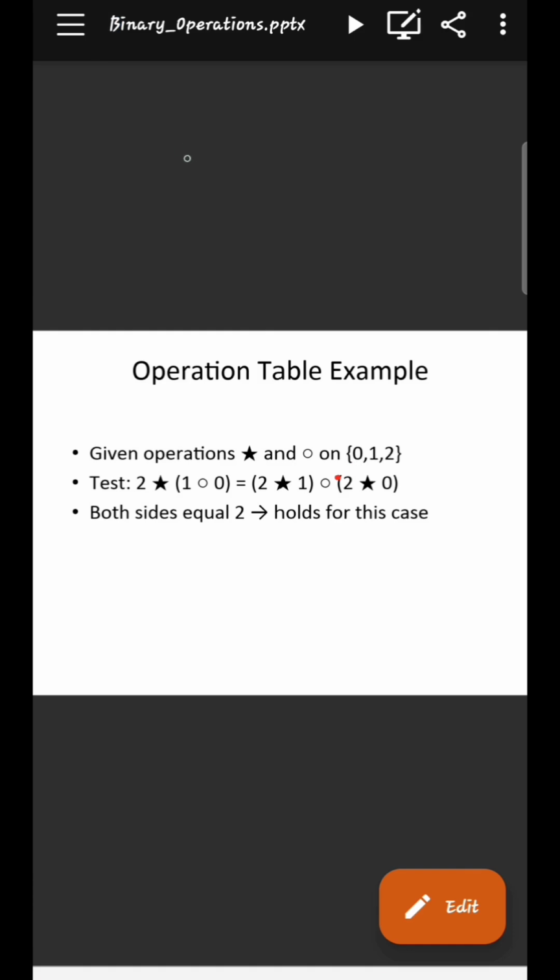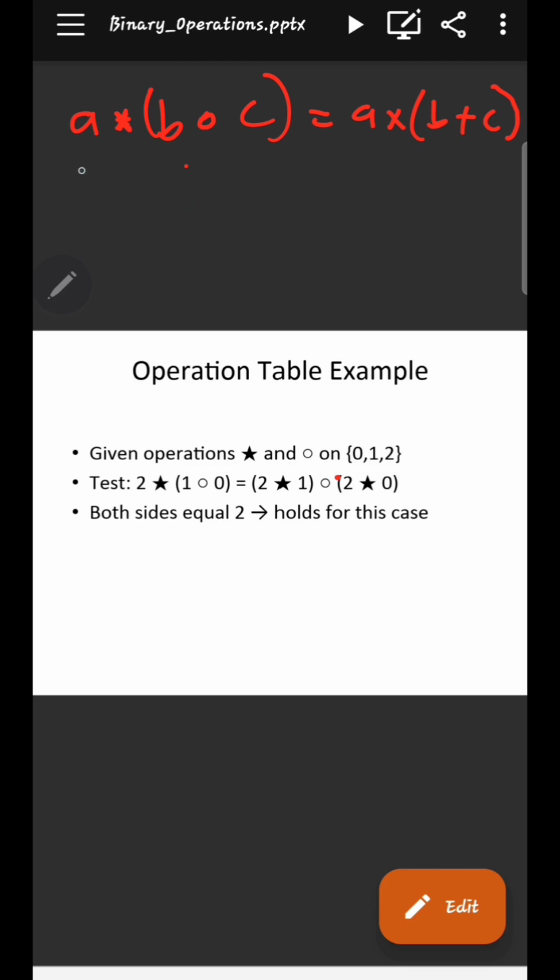So let's say A operation B operation C is defined as A times B plus C.